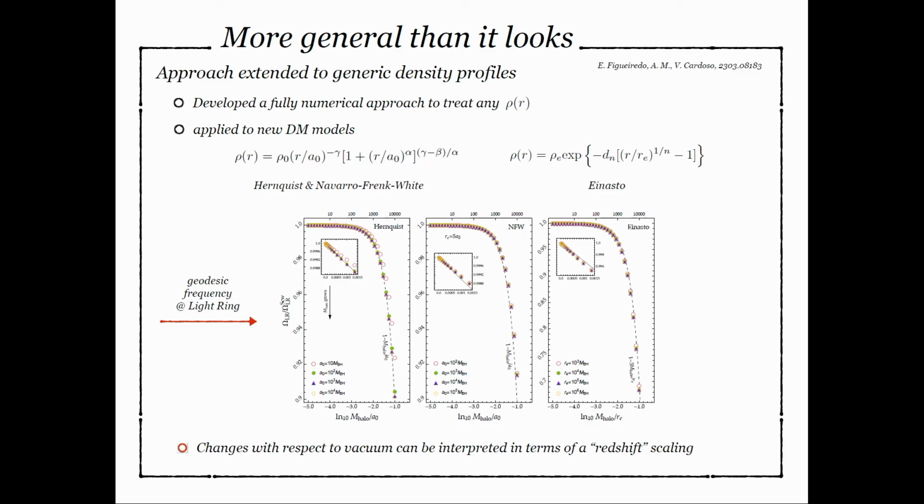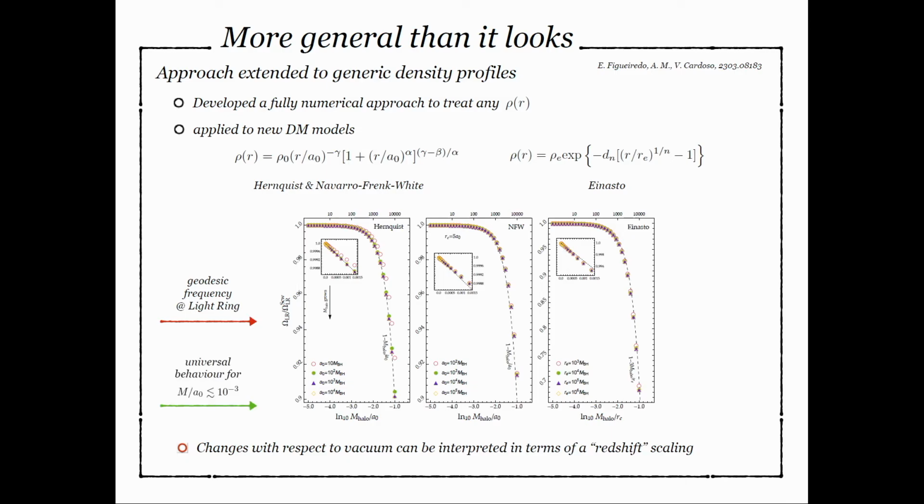This is the relative difference, and this is really what is left over in the difference: 1 minus m over a naught, the redshift scaling. And this is the compactness of the halo, and you see that as the compactness decreases, where the low compactness approximation becomes more and more valid, the redshift scaling becomes more and more accurate.